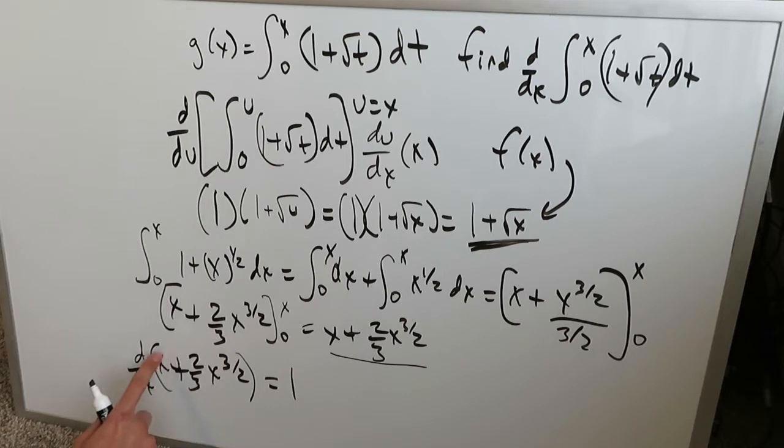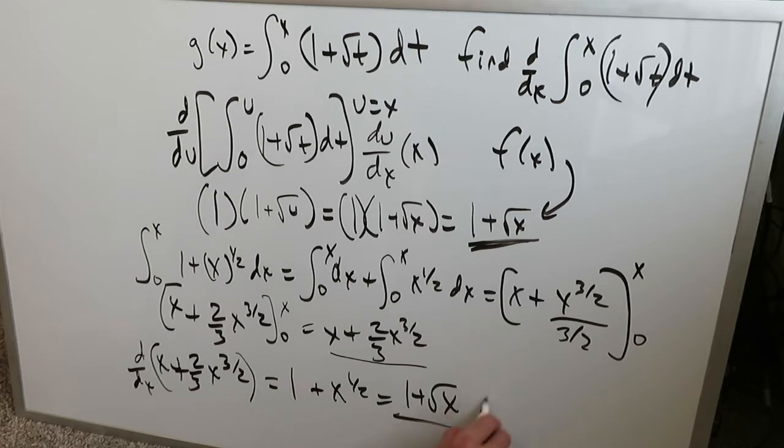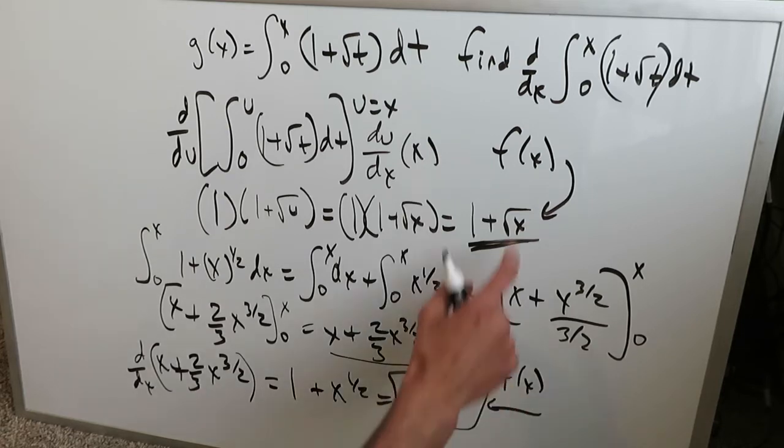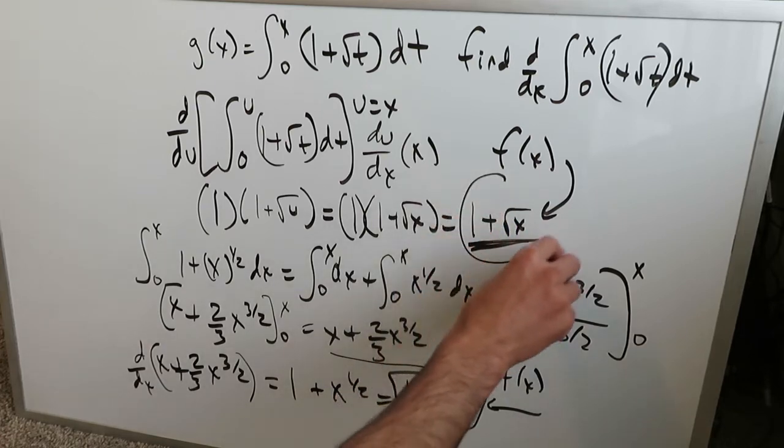You get 1 times x to the power 0, which is just 1. Now look over here. 3 over 2 comes as a coefficient and multiplies by 2 over 3. 2 over 3 times 3 over 2, it cancels out, you get a 1. And 3 over 2 is reduced by 1, you get x to the 1 over 2, which really is 1 plus root x. This 1 plus root x exactly mirrors your original function right here, which was right over here.